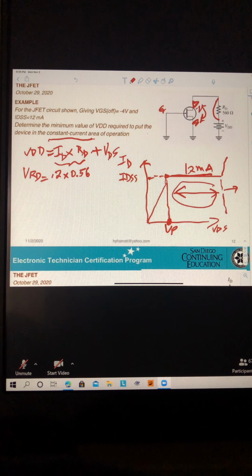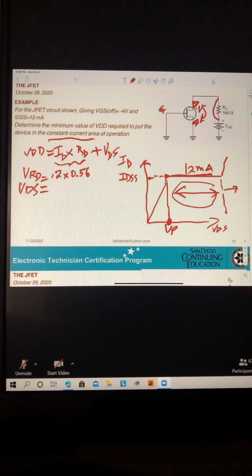What does VDS equal? For the minimum value of VDS, you make it constant.